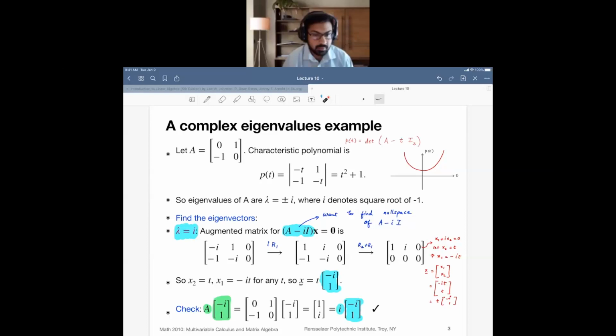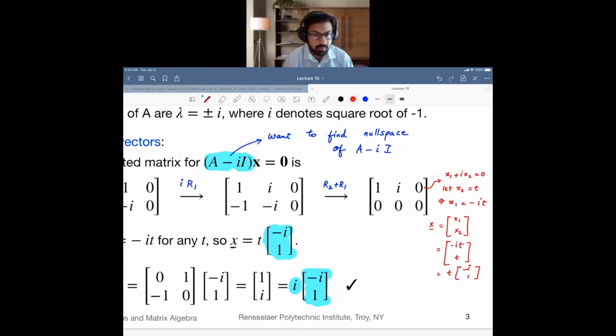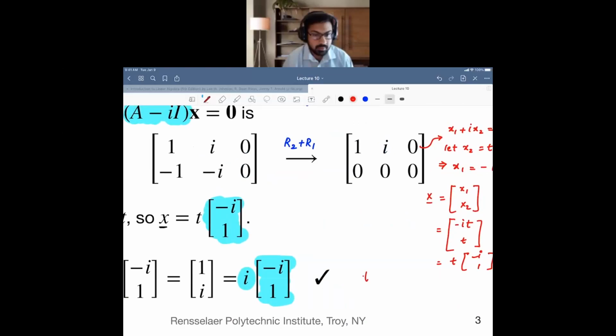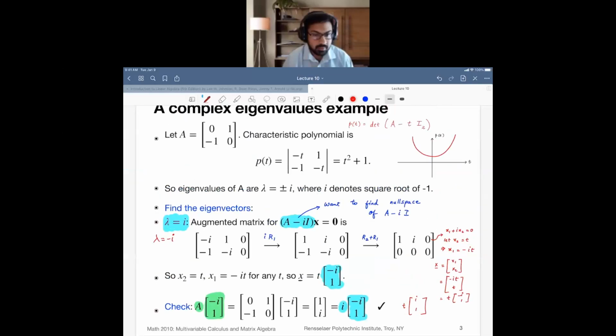So right away I know what my answer is going to be for the second case. If I consider lambda equals negative i, I would get my eigenvector to be t, instead of minus i I'll get a plus i, and 1 is a real number, so that doesn't change. So I expect that is my answer.